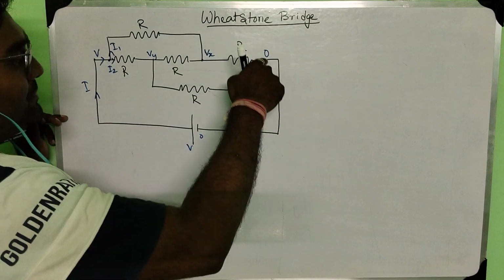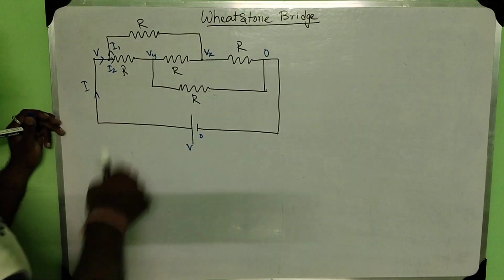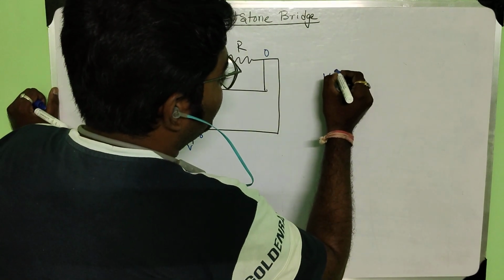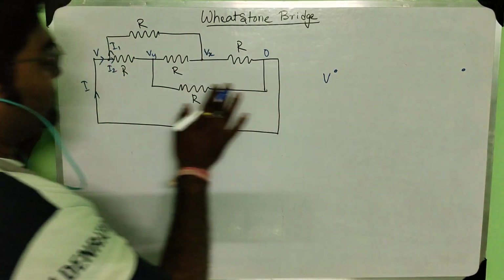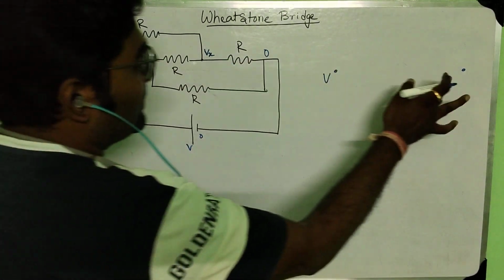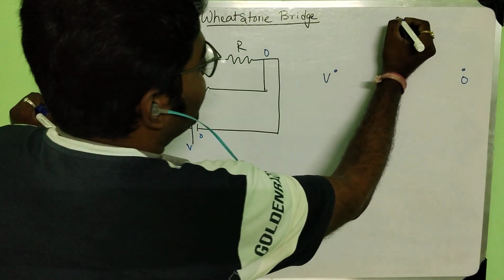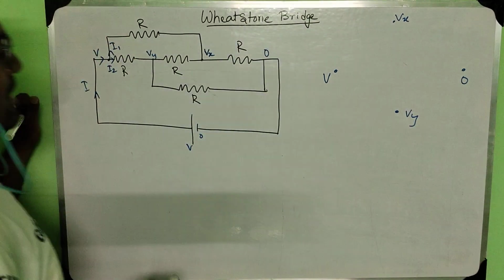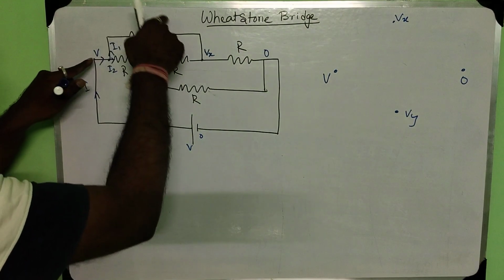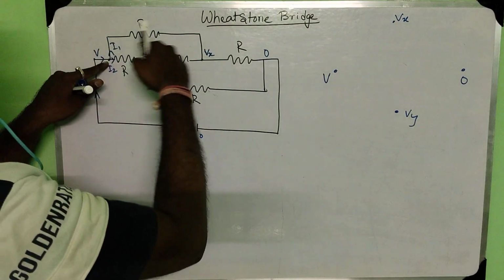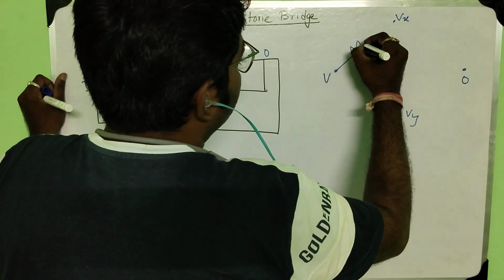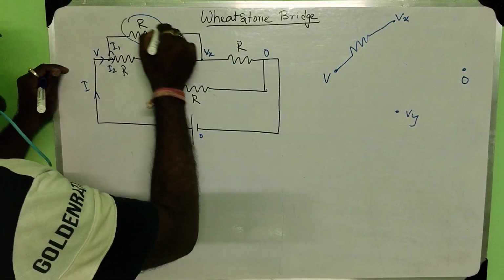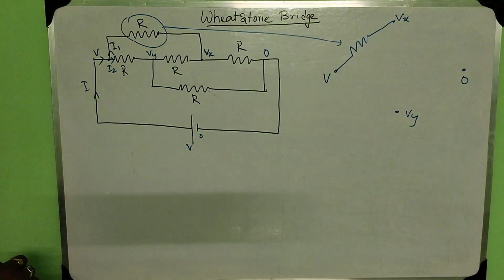So at every terminal we get the voltage, and now draw. This is the V terminal. This is the 0 terminal. Let's take this as the Vx terminal, and this as the Vy terminal. Now this resistance is connected between the V and Vx terminals, so this resistance is drawn like this.